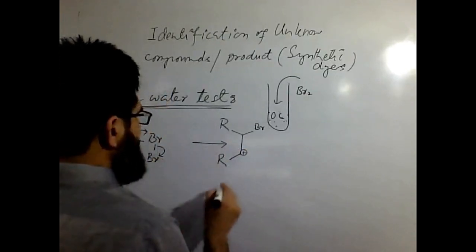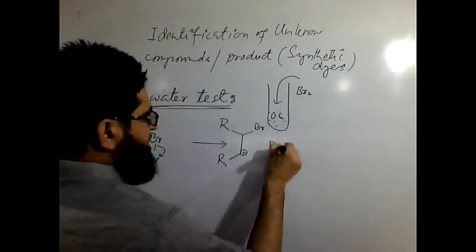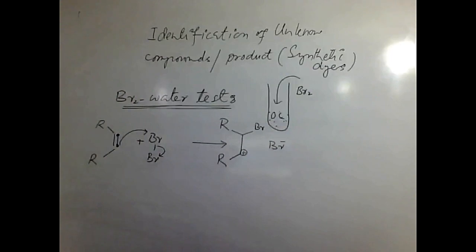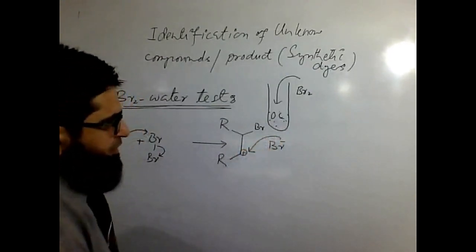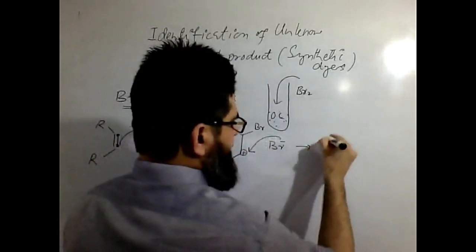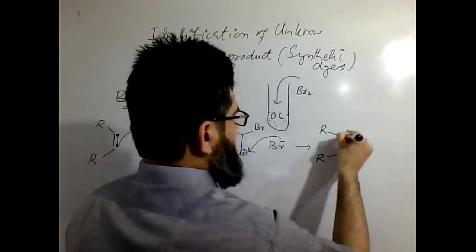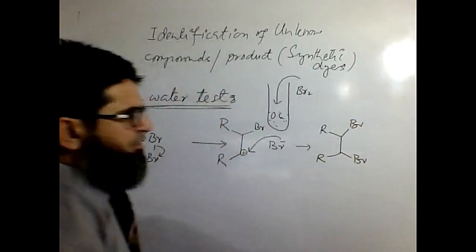We have an idea that this Br is in the form of Br negative and is around in the same test tube. So what happens then? This bromide attacks this carbon again, and it gives you this sort of product.